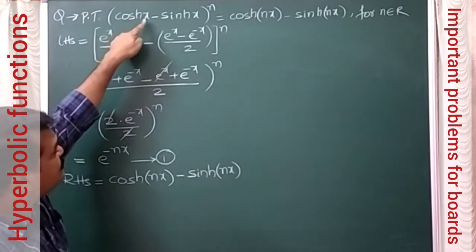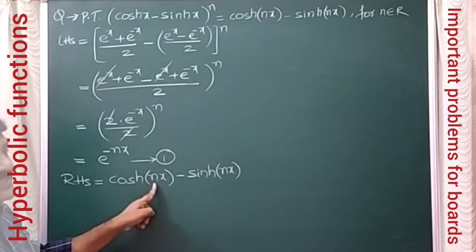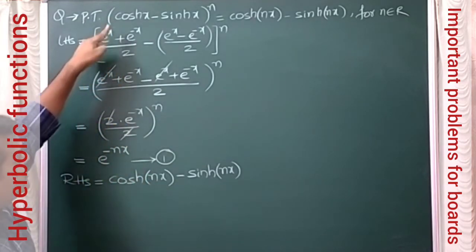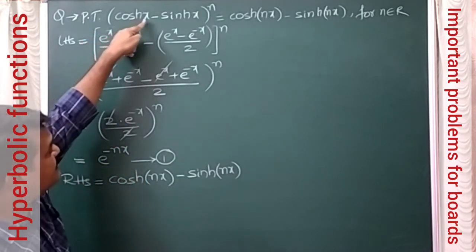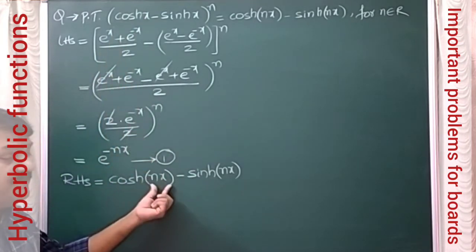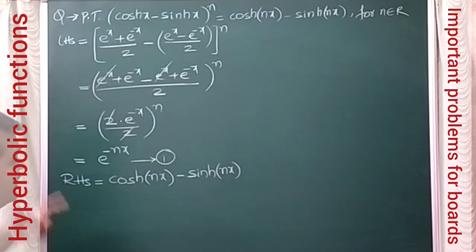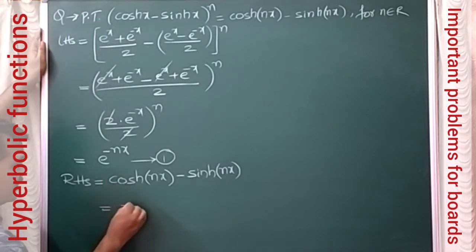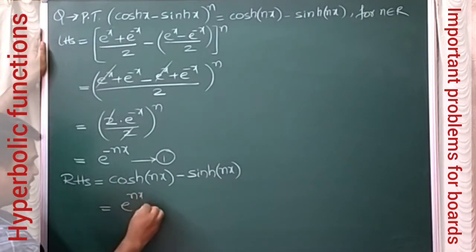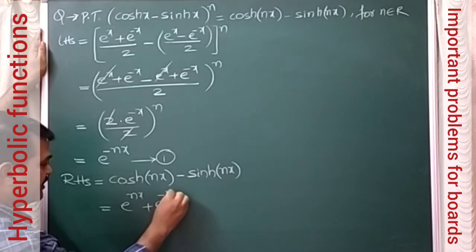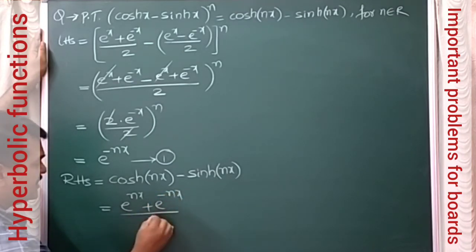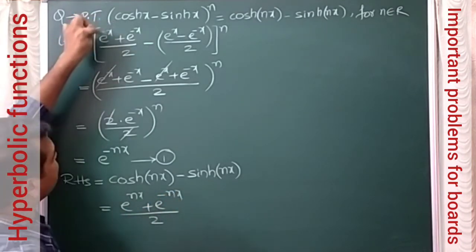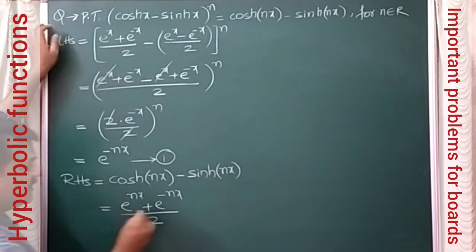Same formula, just you replace x with nx. Same cos hx formula, in place of x, replace with nx. Then what you will get? Using cos hx formula, this will be (e power nx plus e power minus nx) by 2. Just observe here, just in place of x we wrote nx, that's all.